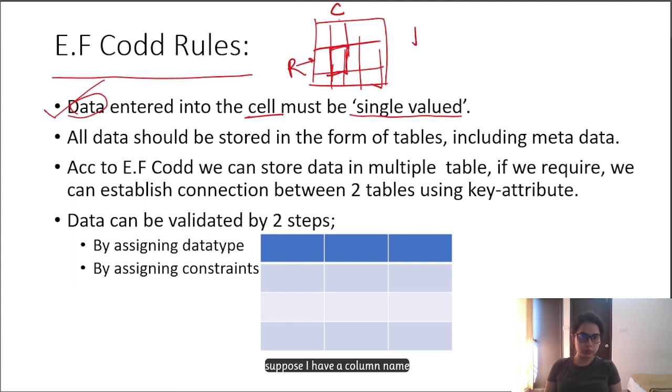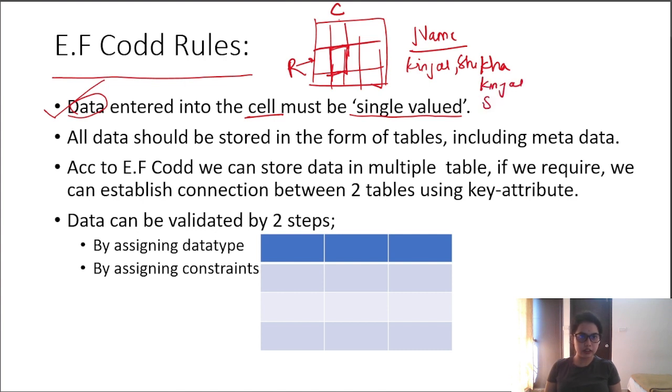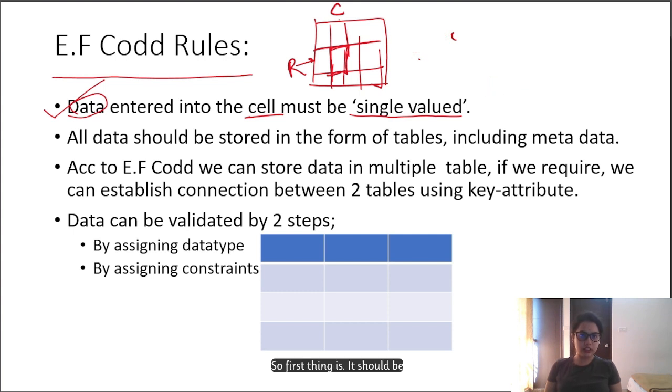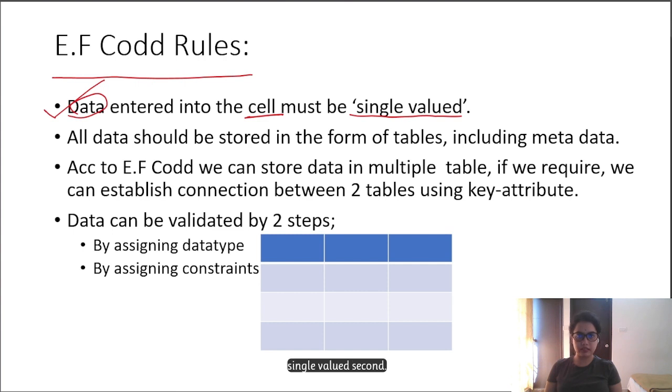Okay. Suppose I have a column name. So it can't be like Kinjal, Shikha. Okay. It has to be like Kinjal, then Shikha. Okay. So first thing is that it should be single valued.